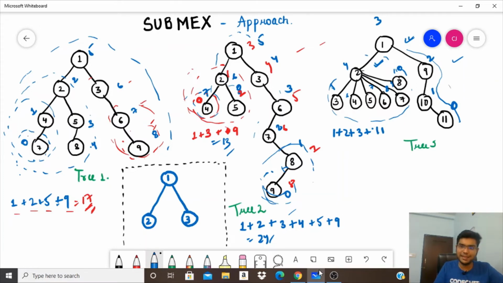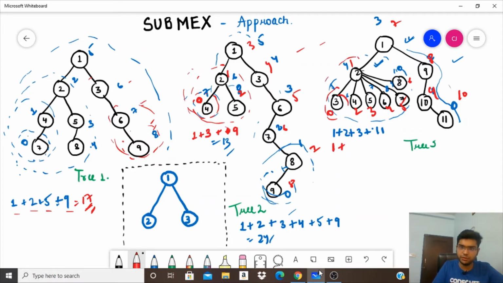But if we assign the values from here, like this branch 0, 1, 2, 3, 4, 5, 6, 7, 8, 9 and 10, like this, right? So what is the max that we are getting for this particular subtree? That is 0, so 1.